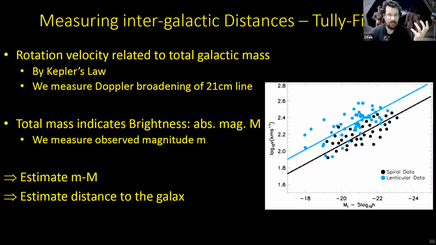That gives us the absolute magnitude. If we then measure the observed magnitude, comparing them gives us the distance to that star. So in this case, the distance is not to a star, it's to a galaxy. And the estimate for the flux from the luminosity of the entire galaxy comes from these types of relations between velocity or mass to the expected magnitude or brightness.